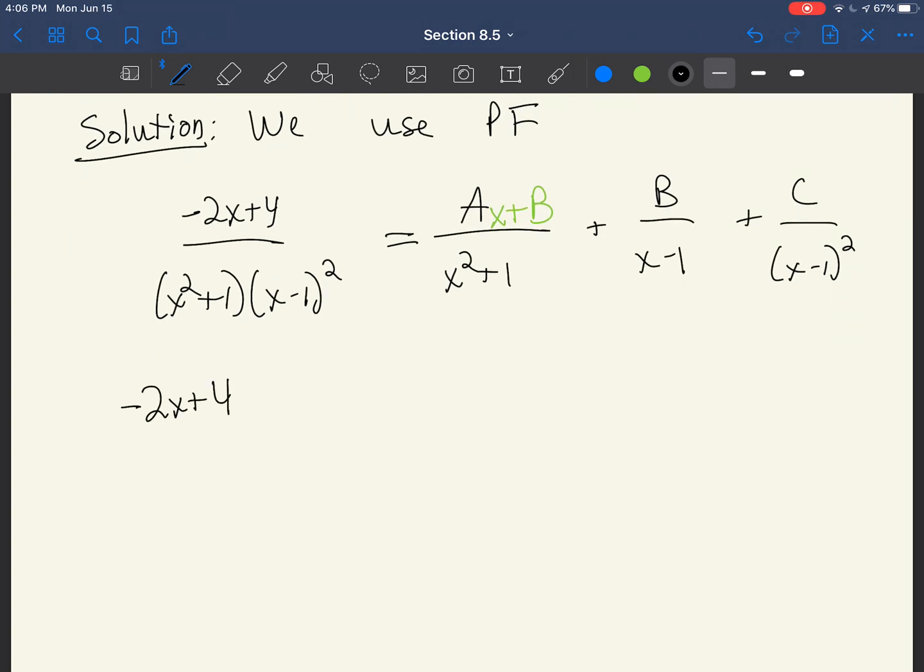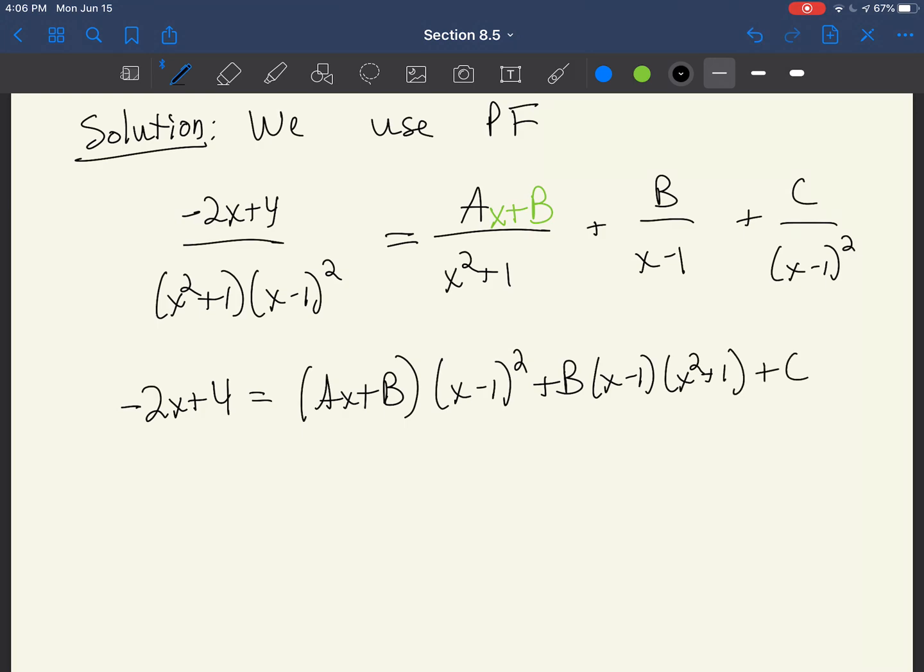Okay, solve this. We clear denominators. You get -2x + 4 equals (Ax + B)(x - 1)² plus C(x - 1)(x² + 1) plus D(x² + 1).